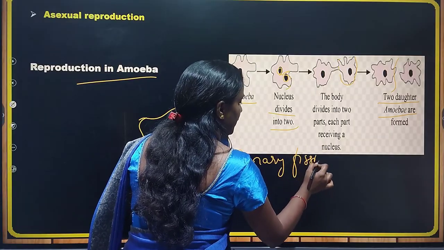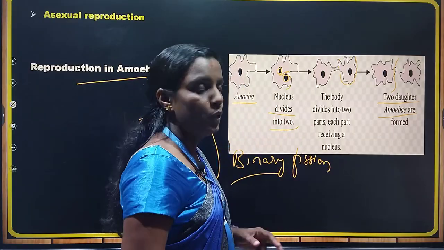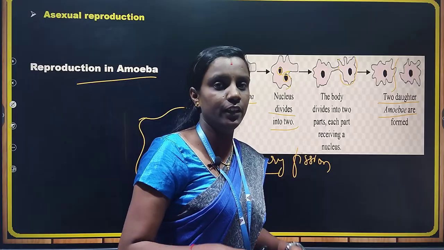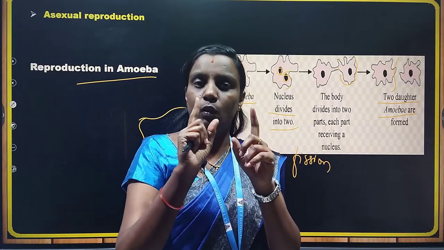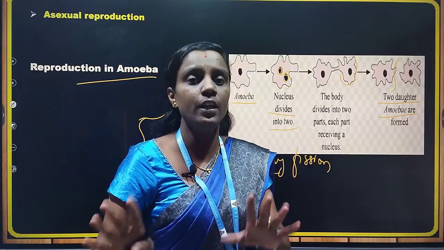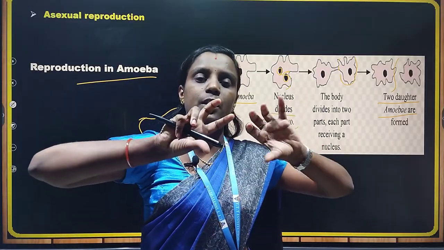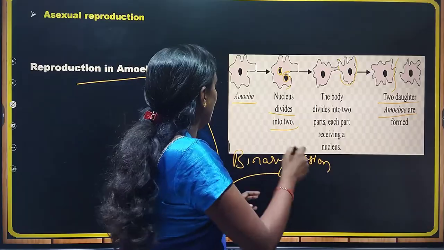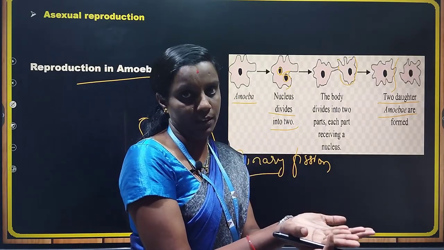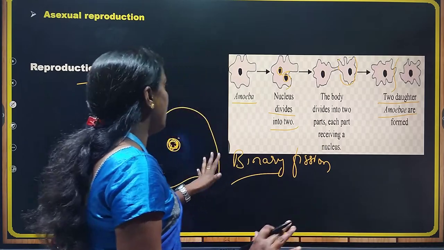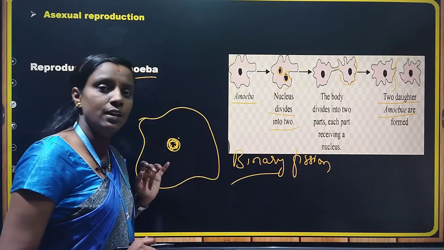Fine. So why binary fission? Binary means 2. So one nucleus is going to divide into two, not n number of nuclei. Okay. So one amoeba separates into two bodies. So now this amoeba has been divided into two babies. Fine. So this is how reproduction in amoeba takes place.